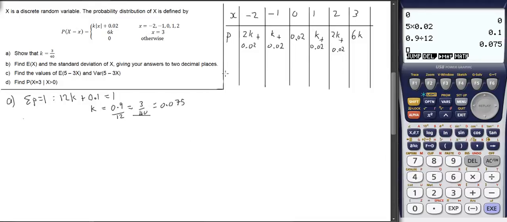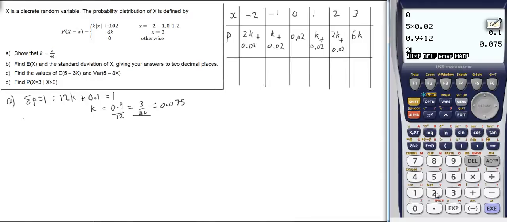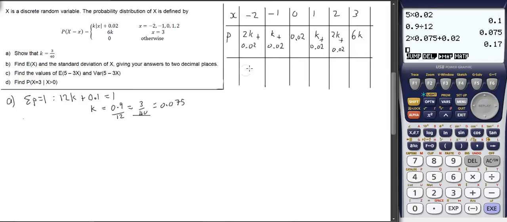Okay, now before I go any further, I'm actually going to put those values in here. So we've got 2 lots of 0.075 plus 0.02. It's 0.17, that's this one, but it's also this one. These two are the same.